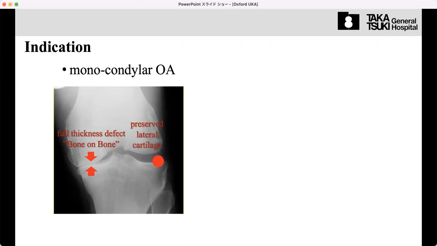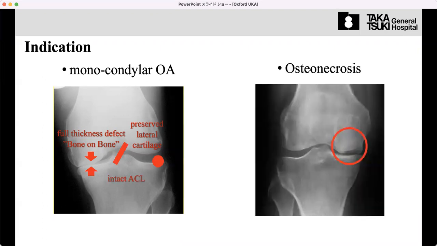For medial osteoarthritis, the medial side is bone-on-bone, the lateral side is normal with a preserved joint space, and the ACL is intact. That's all. And osteonecrosis. Osteonecrosis is an incredibly high percentage in Japan, unlike in my hospital, where around 10% of patients have osteonecrosis. Maybe it is due to the osteoporotic bone in the Japanese population. Anyway, medial osteoarthritis and osteonecrosis are good indications.